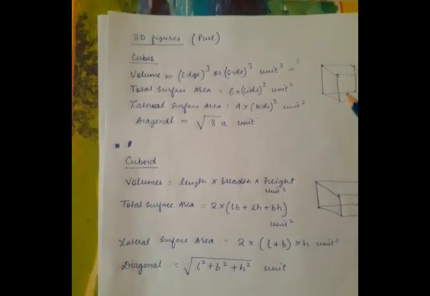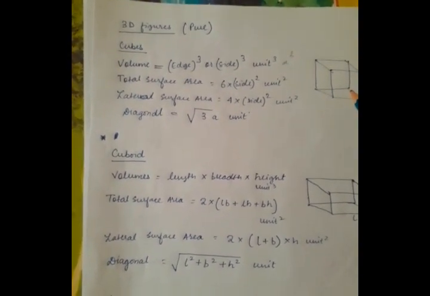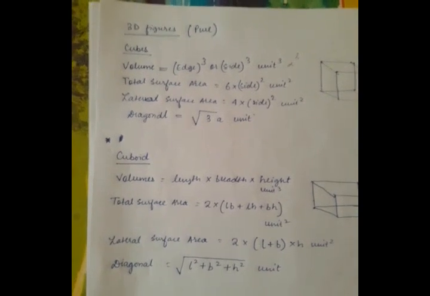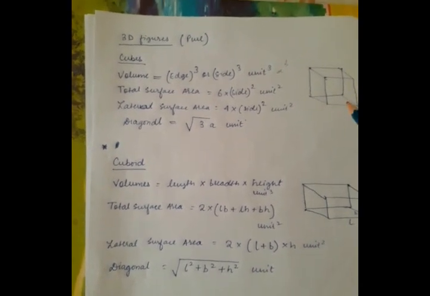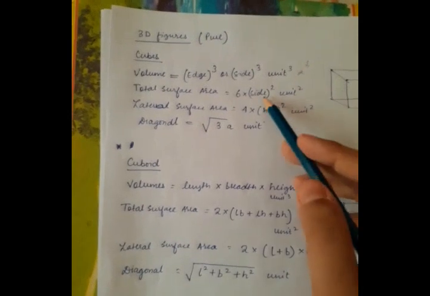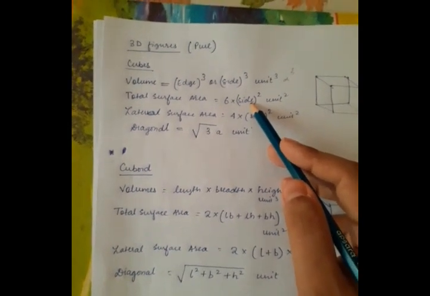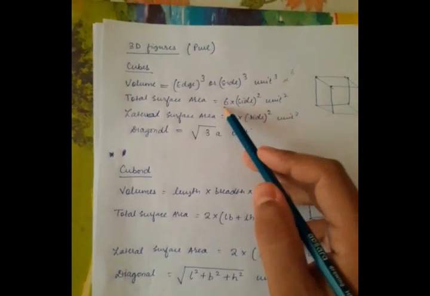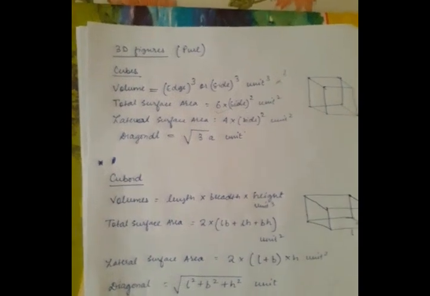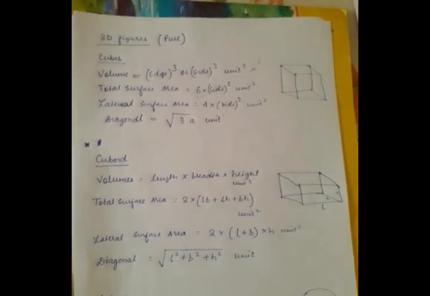And what are these 6 faces? These are the 6 square faces. So the area of a square is side square, and there are 6 faces, so that is why we write 6 side square.